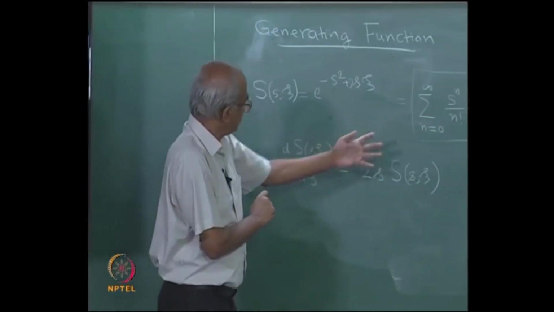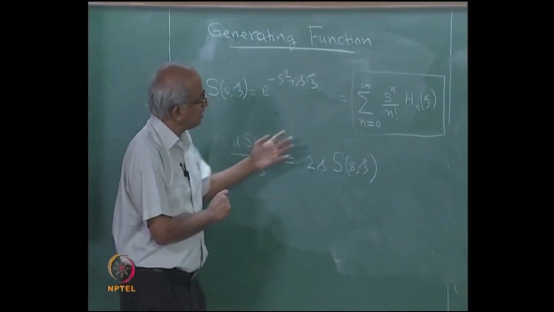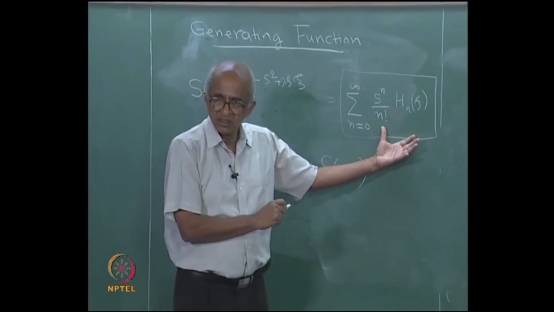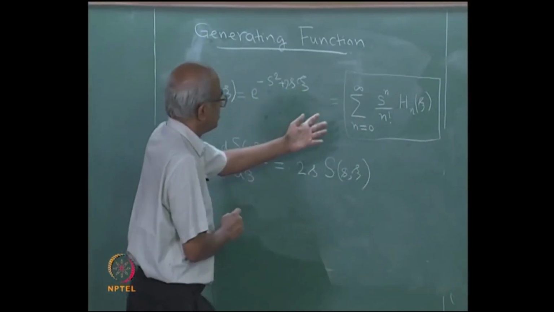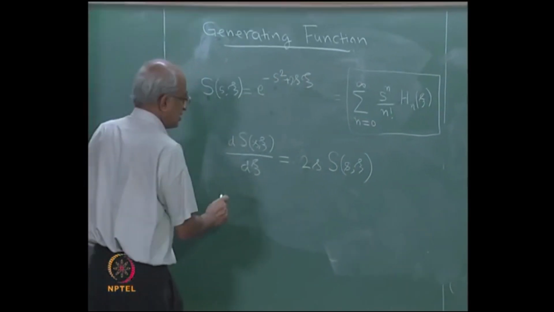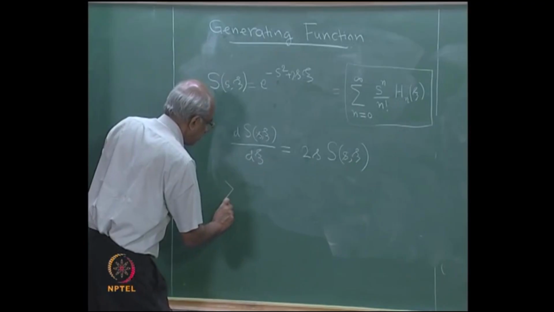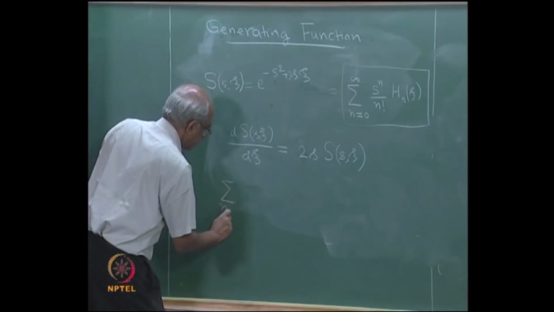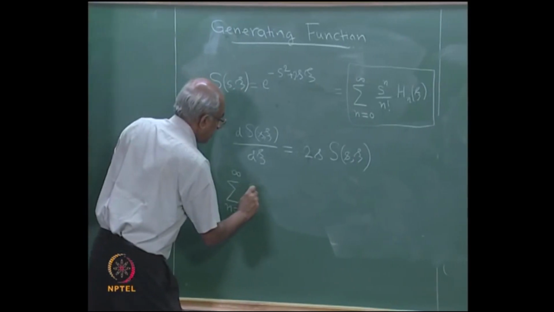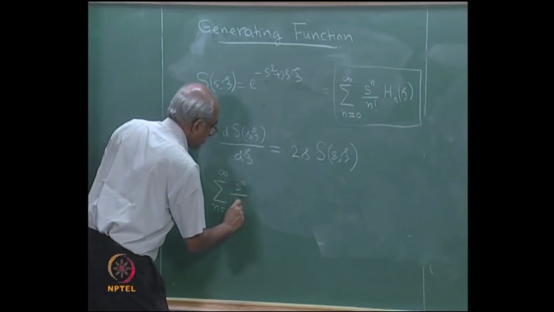So, therefore, the left hand side I can evaluate using that expression, right. If you evaluate the left hand side using that expression, what is the answer that you are going to get? You are going to have sum n going from 0 to infinity, s to the power of n divided by n factorial.